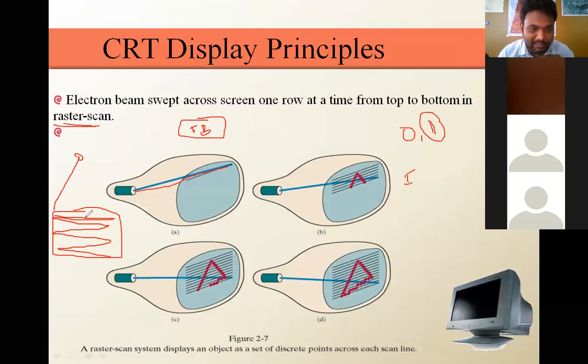Suppose in this line we want this point to be highlighted, and in the second line the point will be highlighted somewhere here, and likewise the third, fourth, fifth, sixth, seventh, eighth points. Automatically we are going to get so many lines. Wherever we require a glow, it will glow on that line, and the remaining points are going to be unglowed.